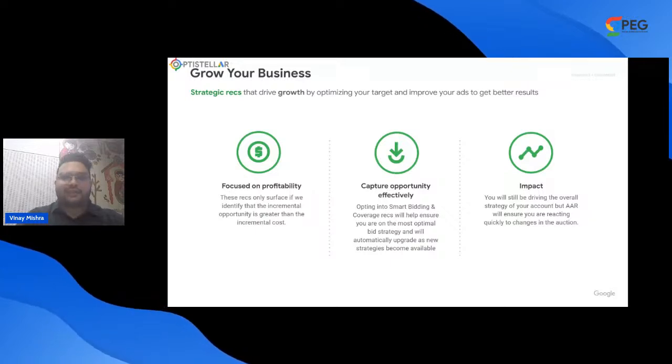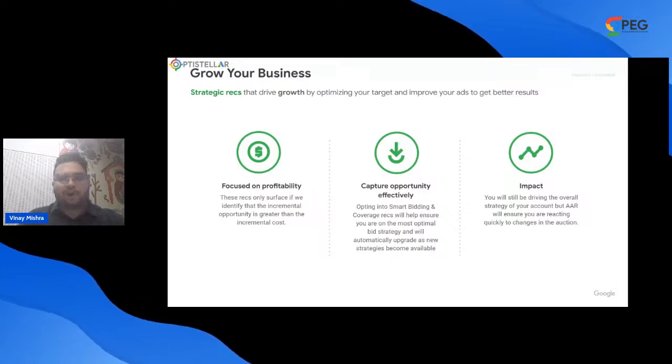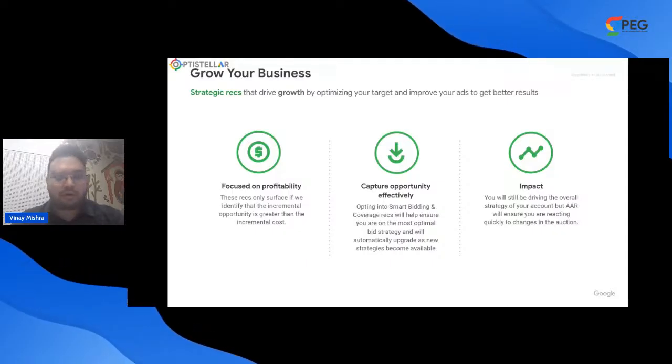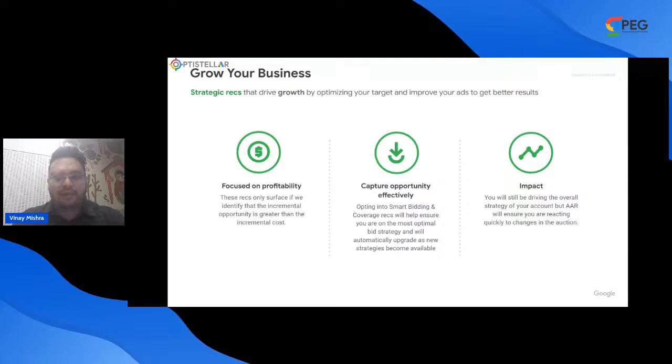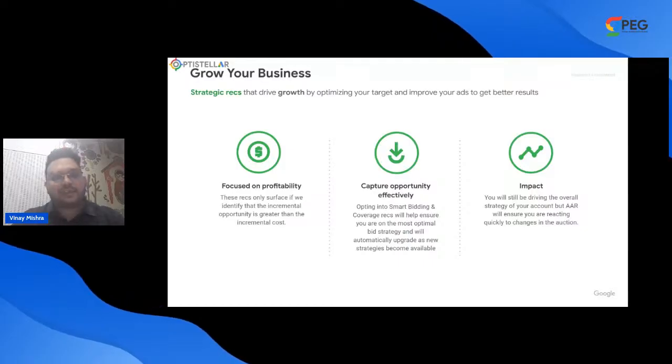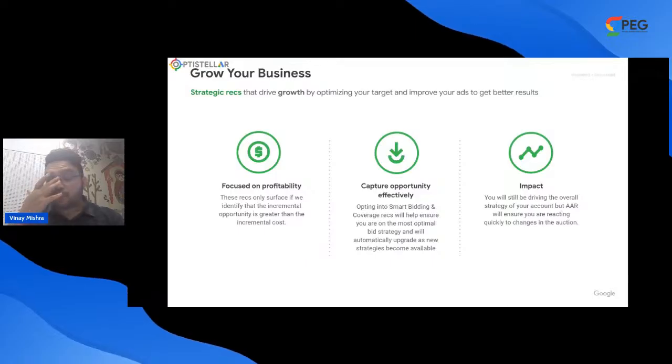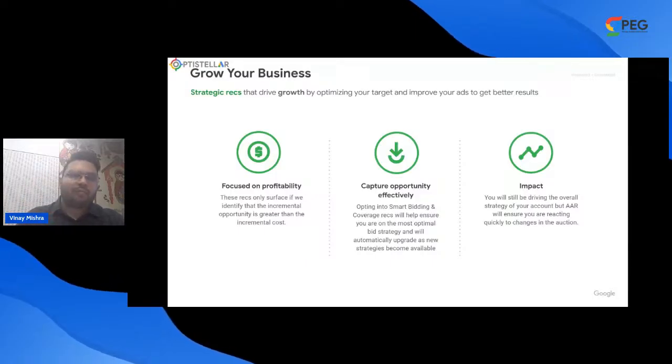So in this case, the impact, as I've mentioned, is that it adapts quickly to the auction which is happening, and captures these audiences. It is also important for you to have the combination, as I've mentioned, of broad match and your smart bidding strategies here.